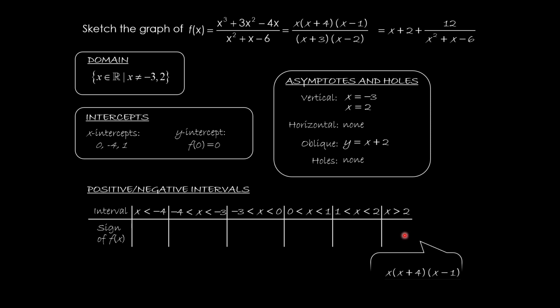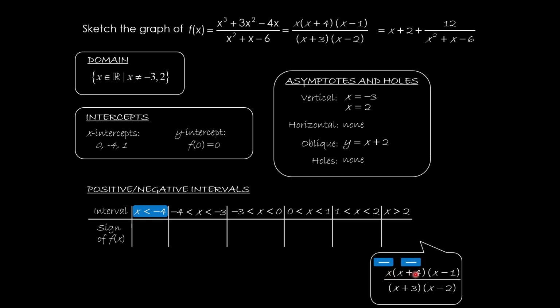So let's look at each of these intervals and figure out the sign of our function. We'll do that by subbing values into our factored form and looking at the sign of each factor on its own. Starting with x values that are less than negative 4. So let's use an x value of, say, negative 100. If we sub that in, what's the sign of each factor here? Well, if x is negative 100, x is going to be negative.